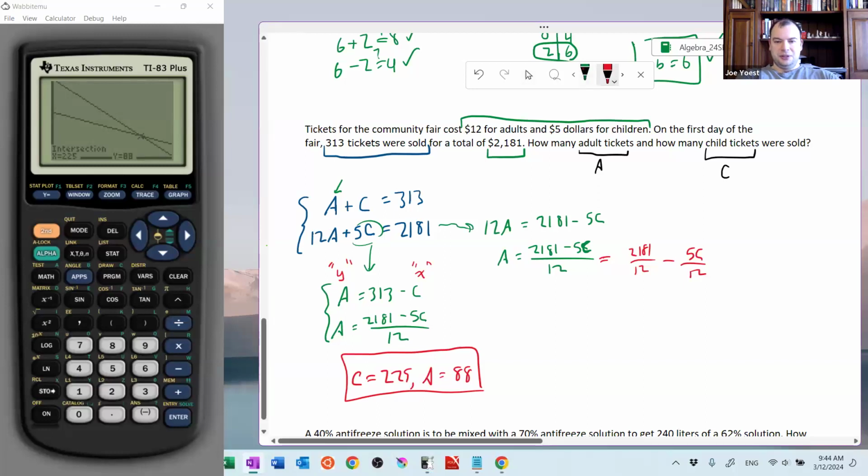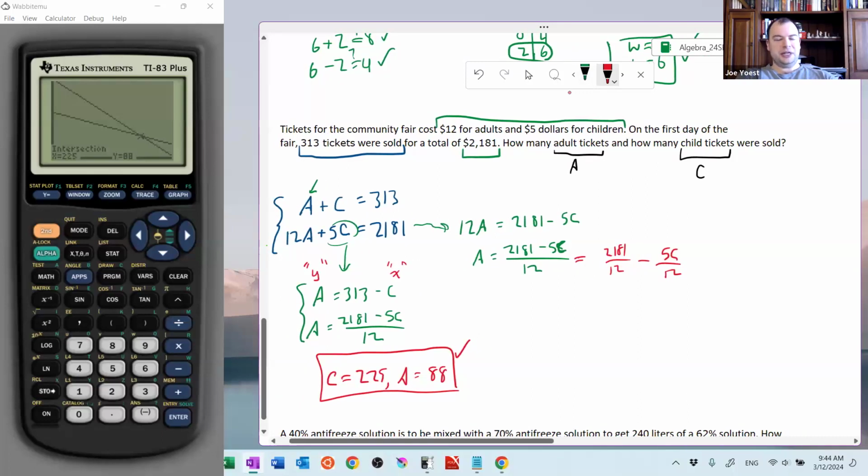So that's our solution, and we could check that, we could plug back in and see that 225 plus 88 is indeed 313. That looks good. And then we could use our calculator and check that 12 times 88 plus 5 times 225 equals 2181. And I have no doubt that that's true. But we could check that if we were on an exam or something and the stakes were higher.